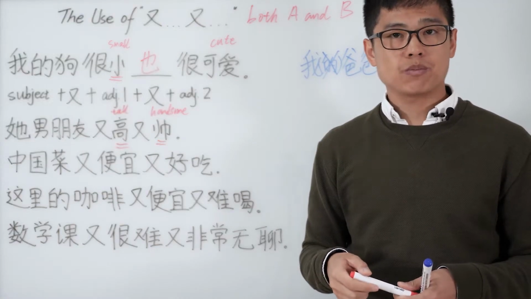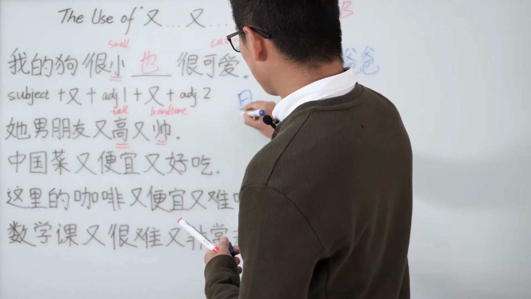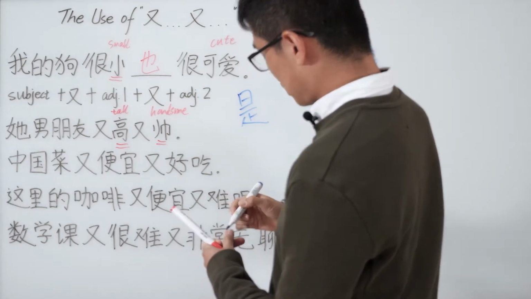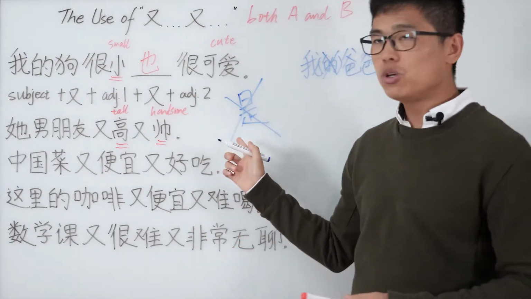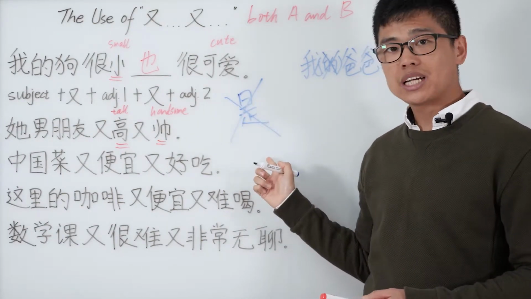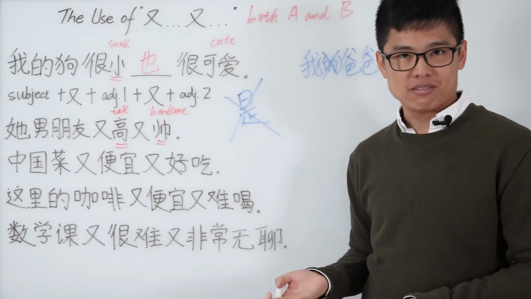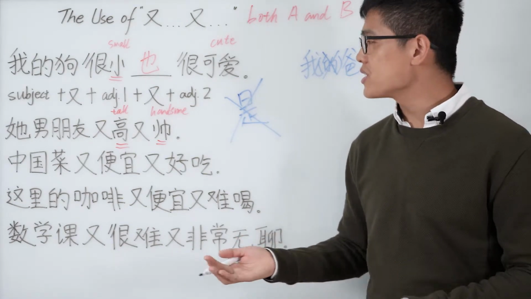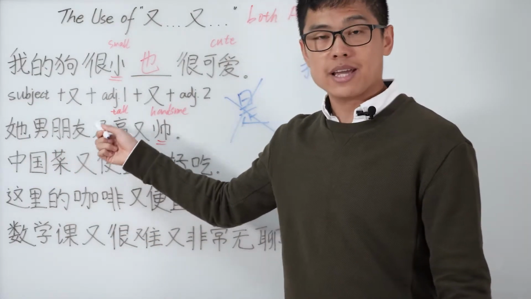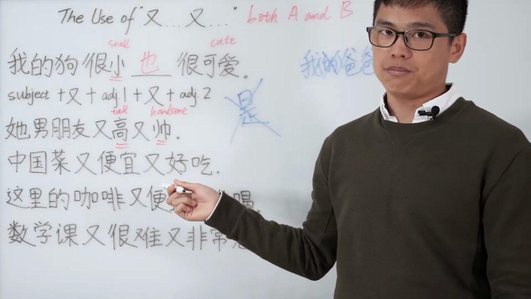Now notice that both in the sentence that we try to paraphrase and the second example, there's no 是 in the sentence. That is a very important point. When we use yo structure, you should not add 是 in the sentence. It is very tempting, I know that, because in English we say her boyfriend is both tall and handsome.